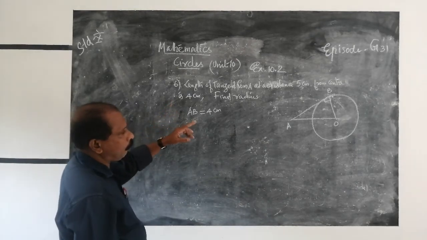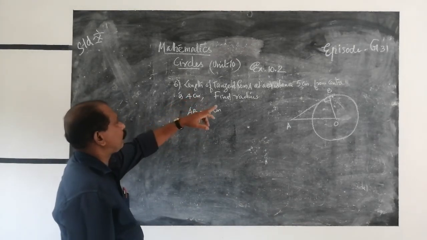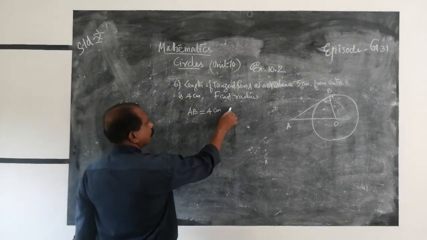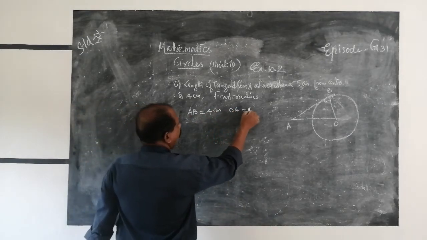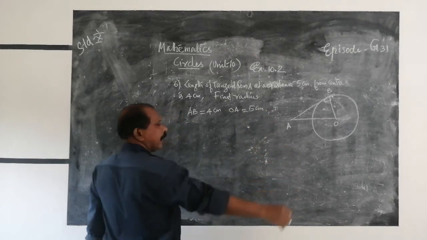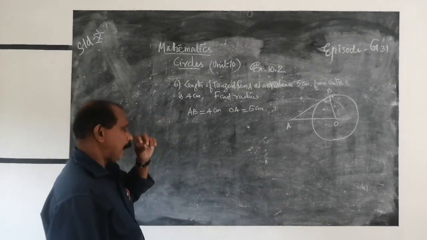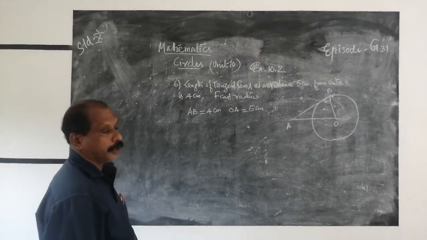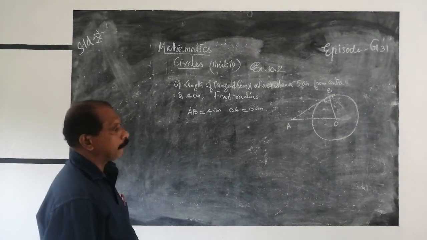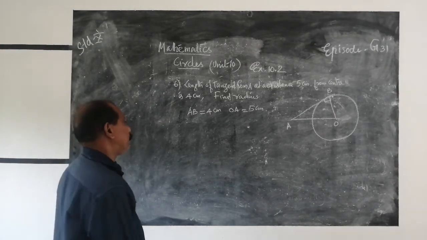Then OA is equal to 5. We can find out OB. Therefore, hypotenuse OA, base AB, altitude OB.